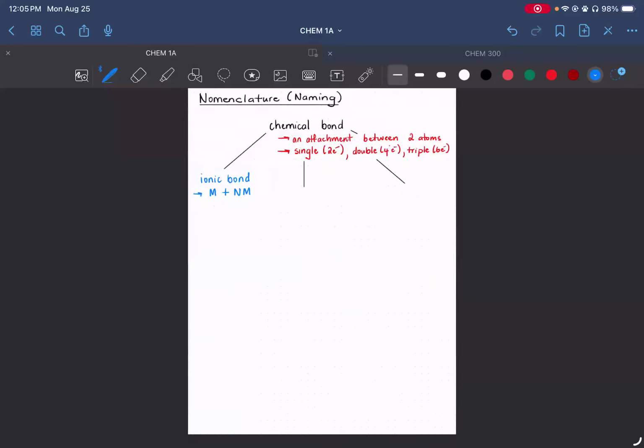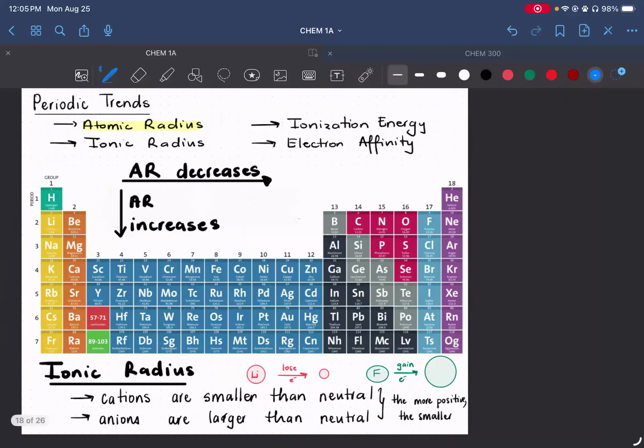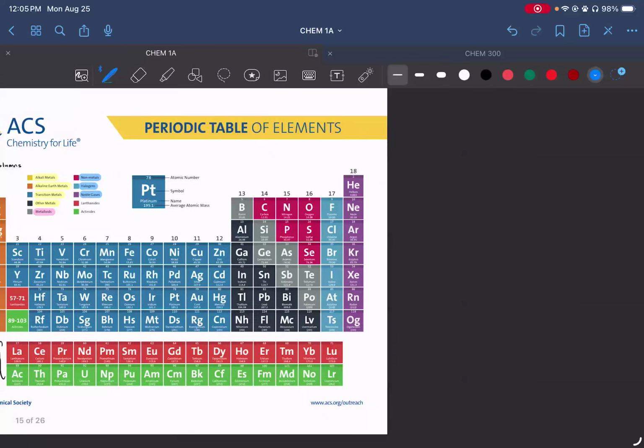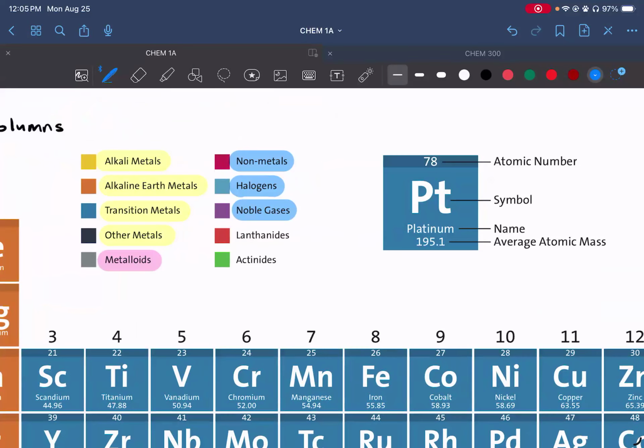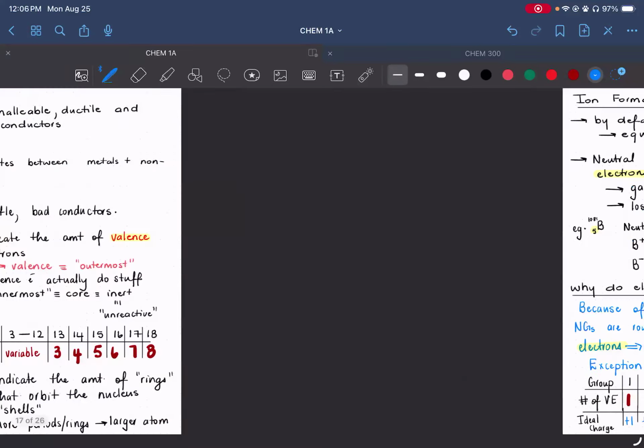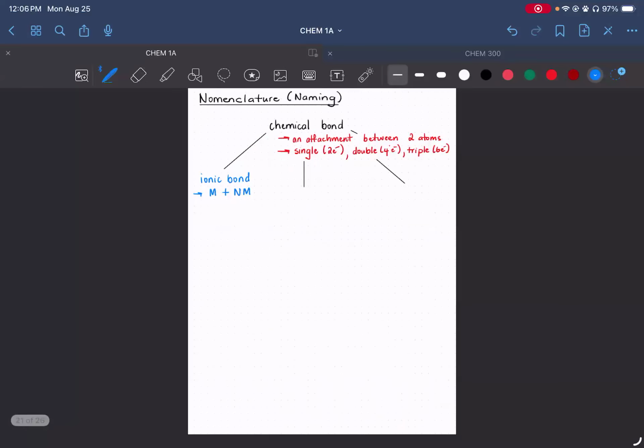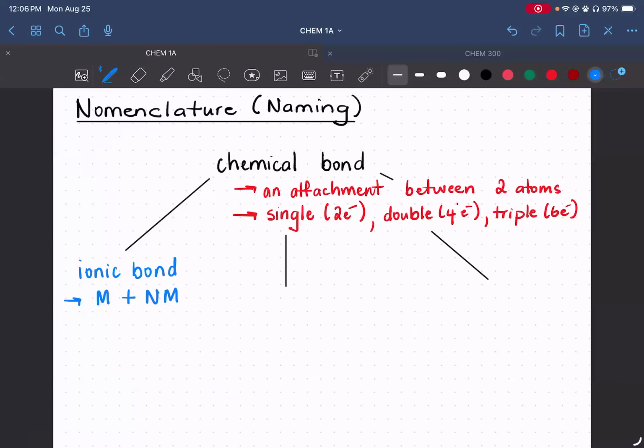Don't forget from your periodic tables, within the periodic table itself, it gives you the legend for what are metals and non-metals. That's one of the reasons why it's important to carry the periodic table to class every time. An ionic bond between a metal and a non-metal involves a direct transfer of electrons.